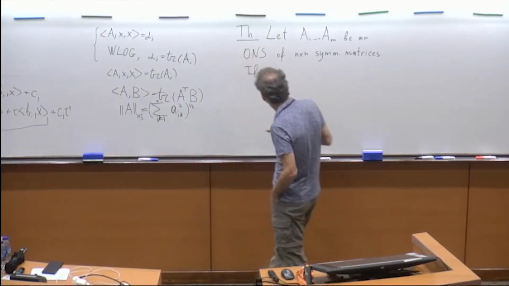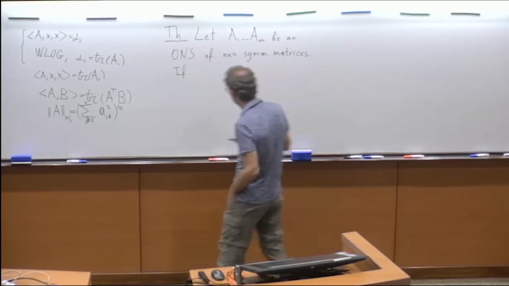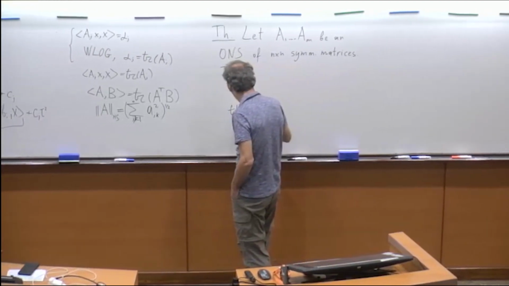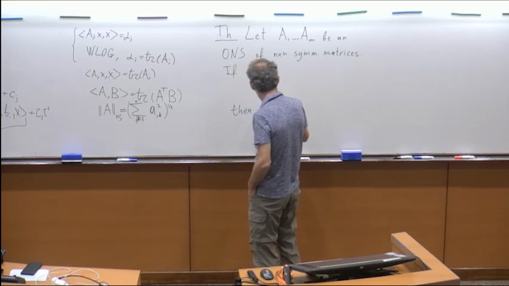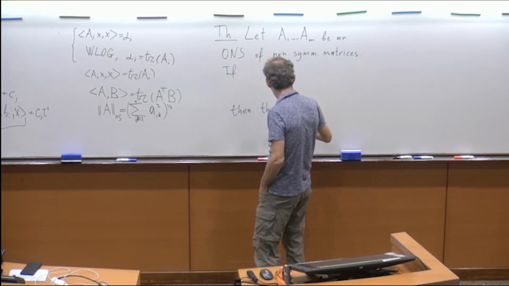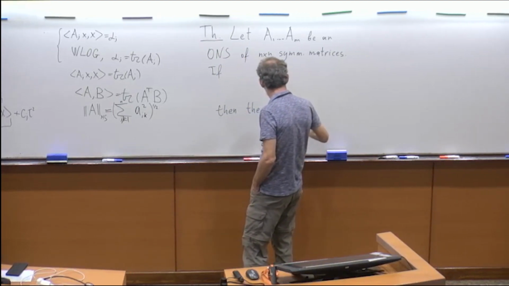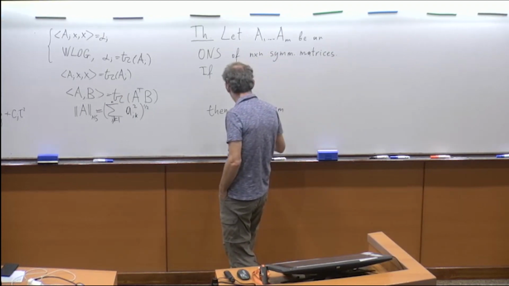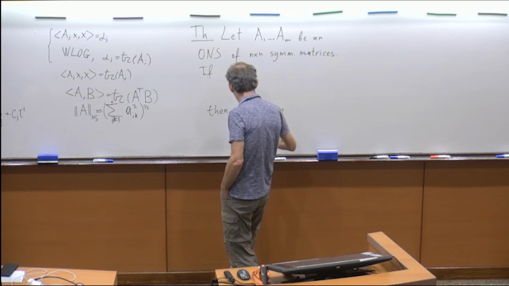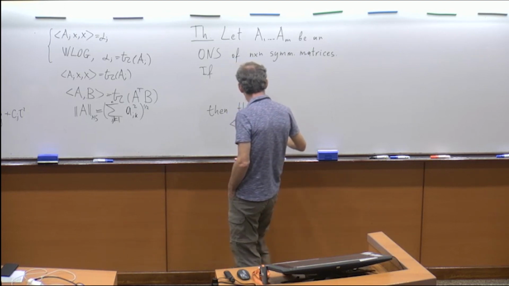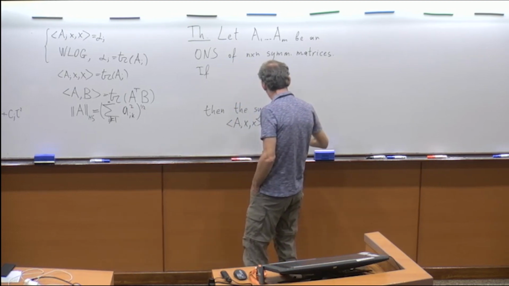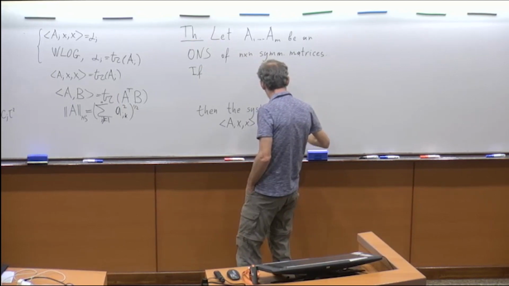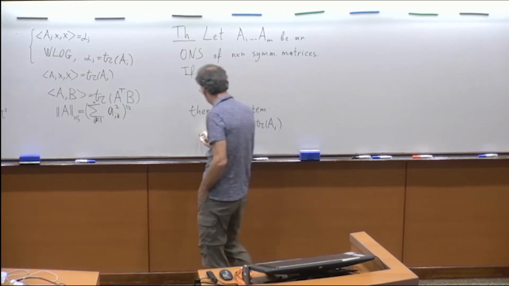If some condition holds, then the system Aj x times x equals trace of Aj has a solution.